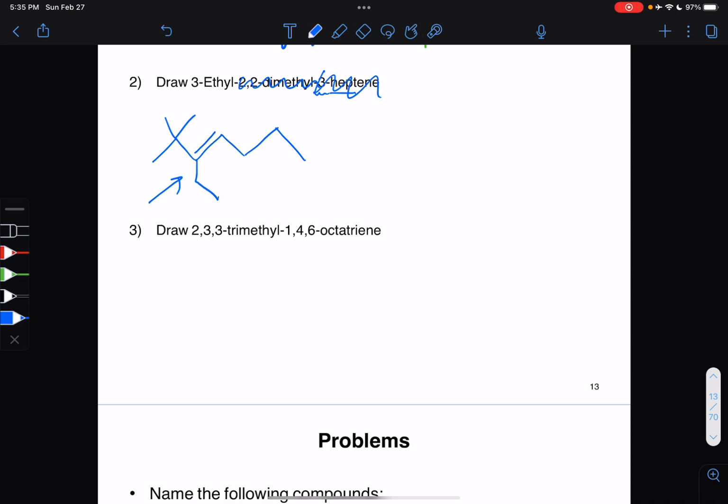You can draw it like that, or you can draw it like that, or you can draw it like this, or like this.